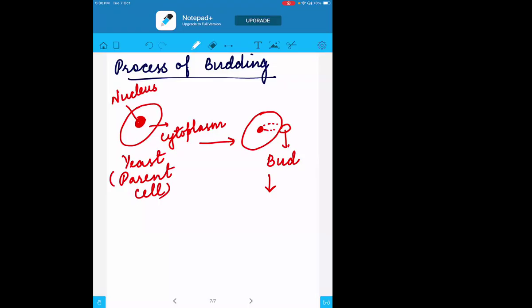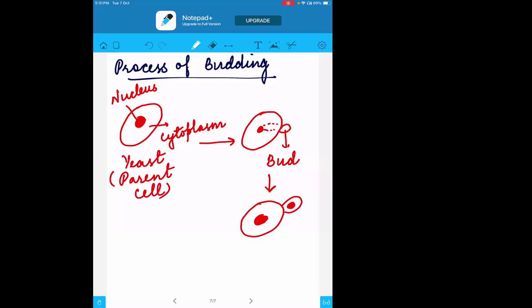Ultimately, the rubber band will break into two pieces. In the same way, the parent and the bud are fighting for the nucleus, and ultimately the nucleus will break into two parts. One part stays in the parent and one part goes into the bud.